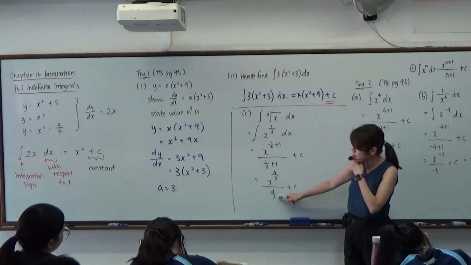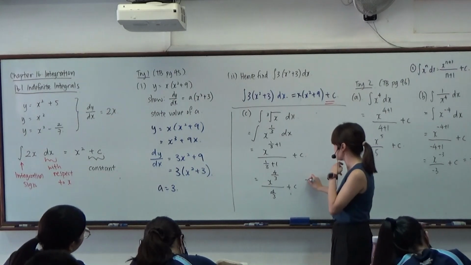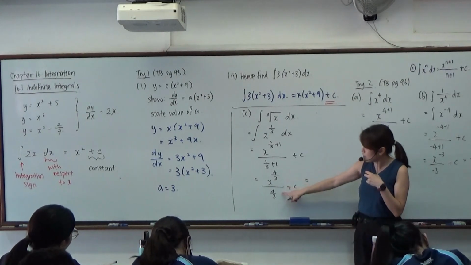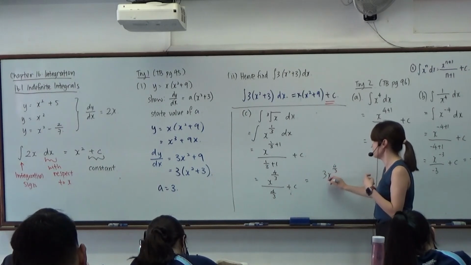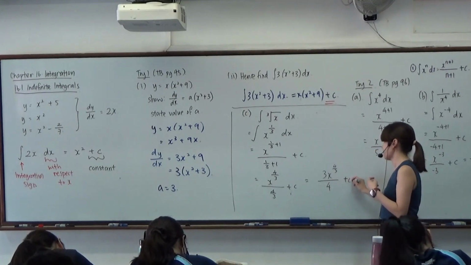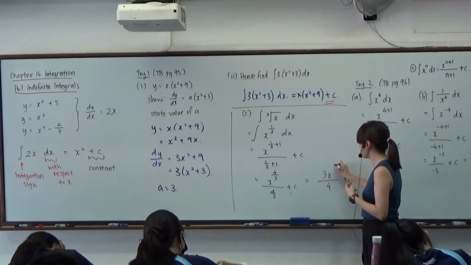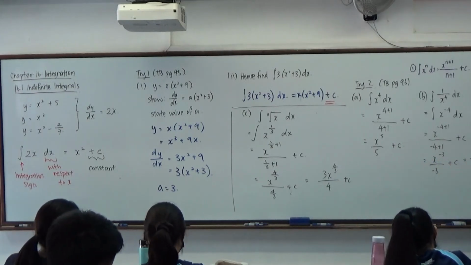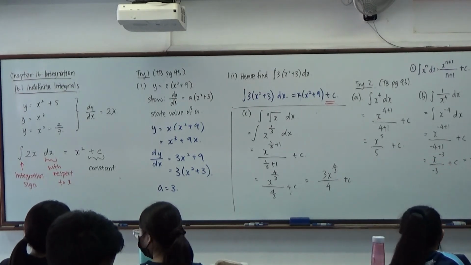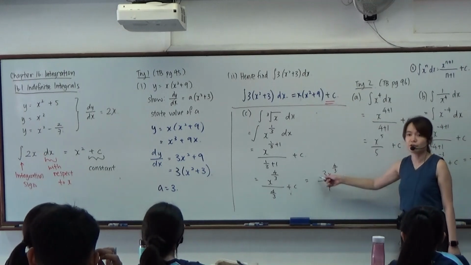But we need to handle the 4/3 in the denominator by simplifying it. So it is a division of 4/3, that is also 3x to the power of 4/3 divided by 4 plus c. Divide by 4/3 is the same as times 3/4. So that's why 3/4.